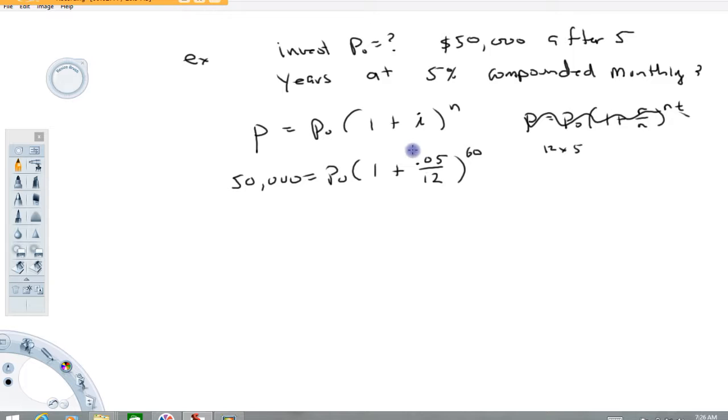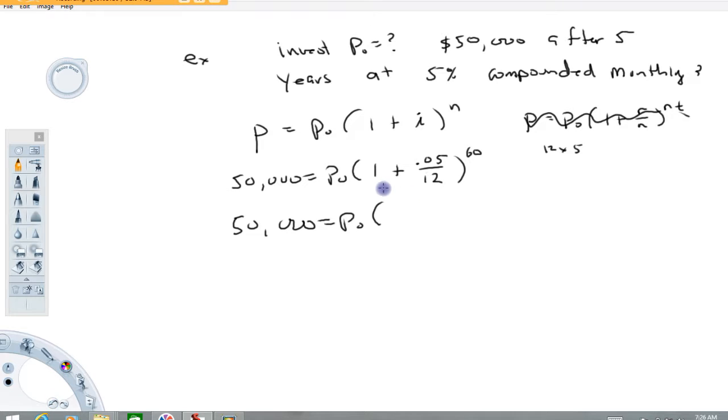And I think what I'll do maybe is calculate a value for this. So this is going to read 50,000 equals P sub O times 1, oops, I said I was going to calculate a value for that. Let me do that. 1 plus 0.05 over 12. Bear with me here, I missed a parenthesis that first time.